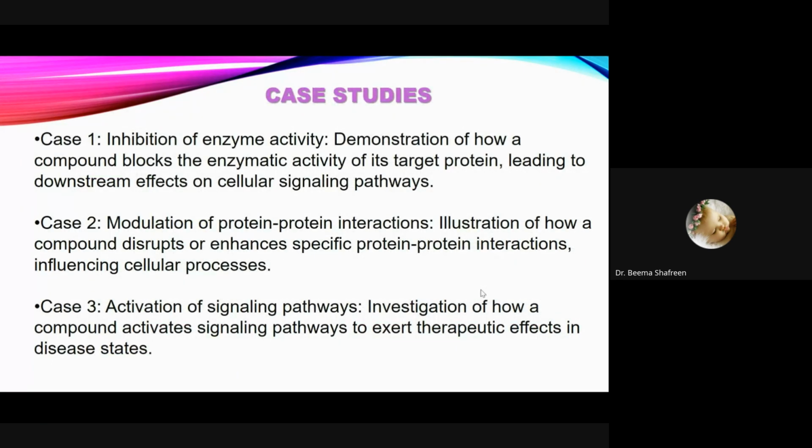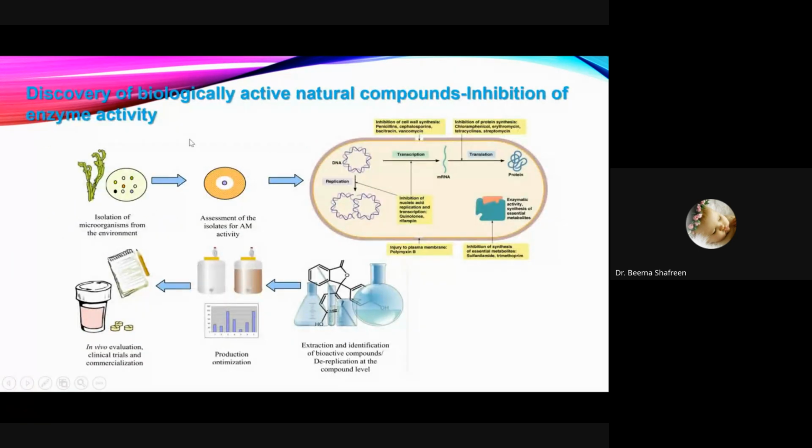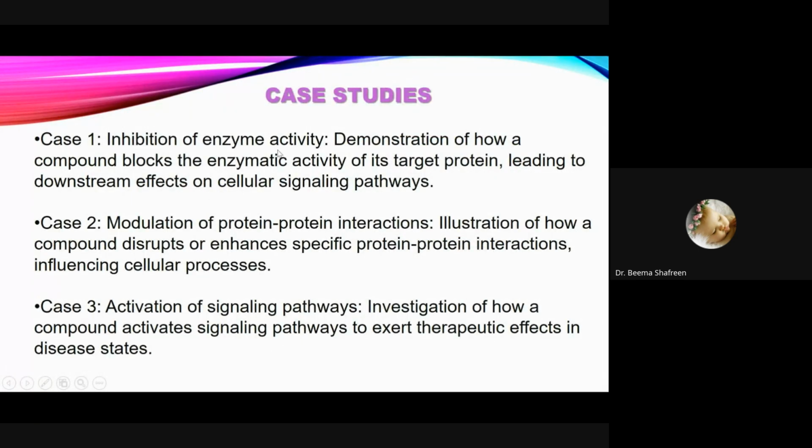So these are the few case studies which we are going to discuss. First case study will be inhibition of enzyme activity. In inhibition of enzyme activity, we can demonstrate how one compound blocks the enzyme activity of its target protein.